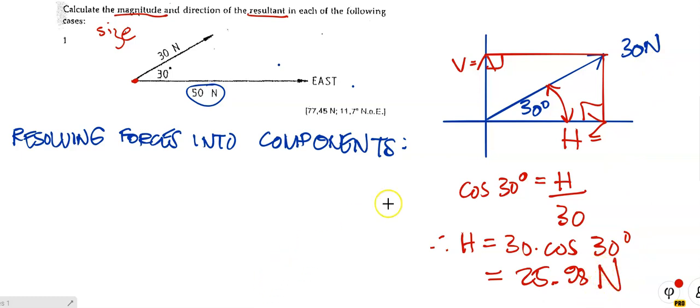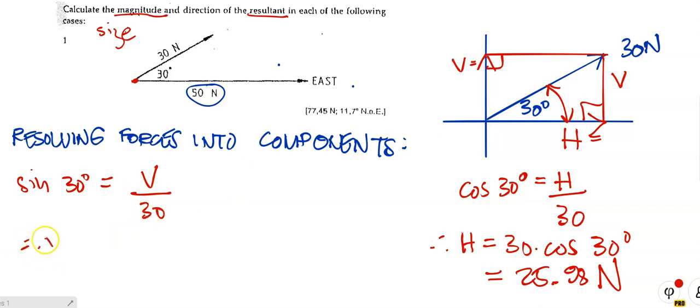Right, we need to solve for V. Now, do you agree that V here is the same as that over there? So I can use the same triangle. I can say V is sitting over there. So I'm going to say the sine of 30 degrees is equal to the opposite, V, over the hypotenuse 30.